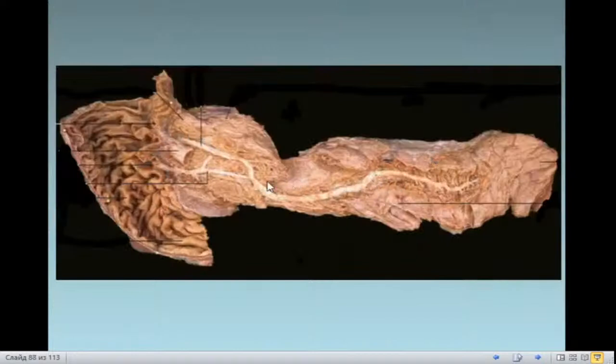It's a large mixed gland which has an exocrine part and an endocrine part, and its main duct divides into two. The main duct goes out to the major papilla of the duodenum. The accessory duct goes upwards to the minor papilla of the duodenum.